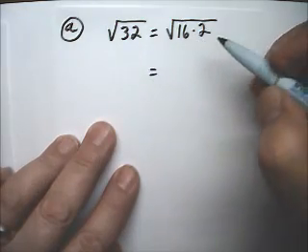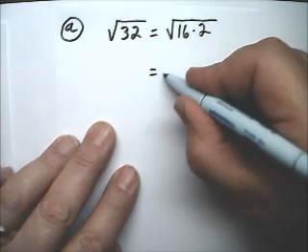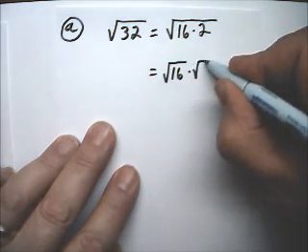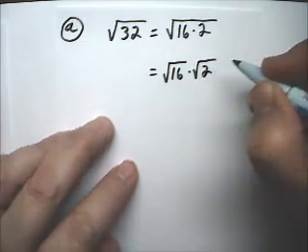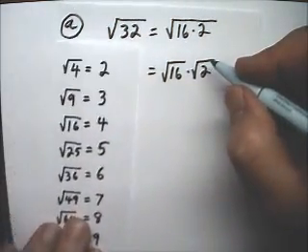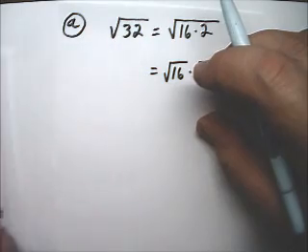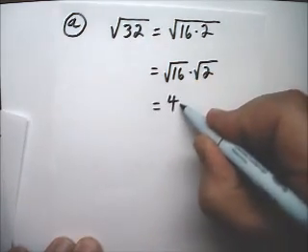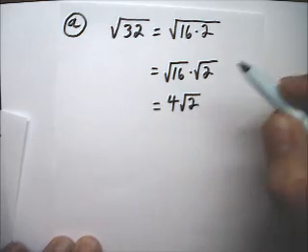When we have a product like this, we can split this into radical 16 times radical 2. Now, as I said before, the square root of 16 is 4. So this is equal to 4 radical 2.